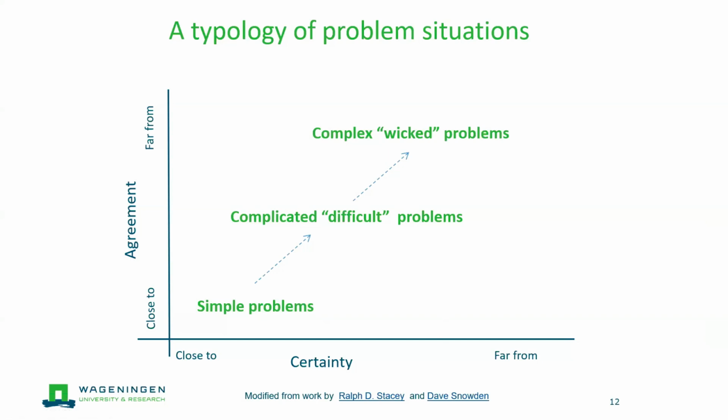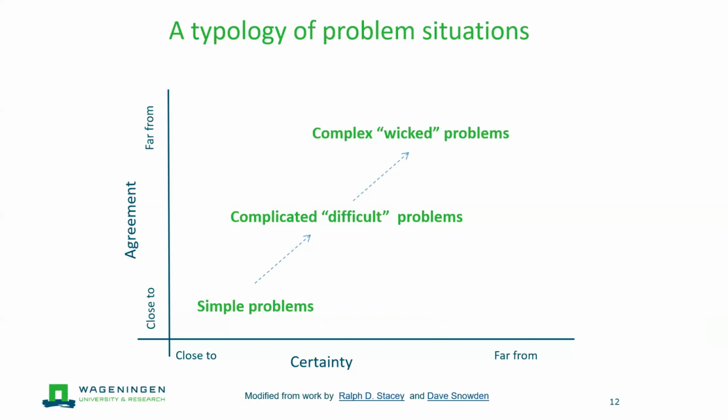You can say they're simple problems where there's quite some certainty about how you can resolve the problem. There's quite some agreement on how you do that. But you can get increasingly difficult problems if there's less agreement on how to solve them and less certainty that you will actually manage to do so.